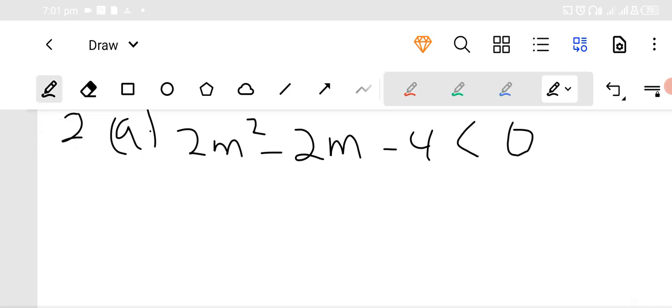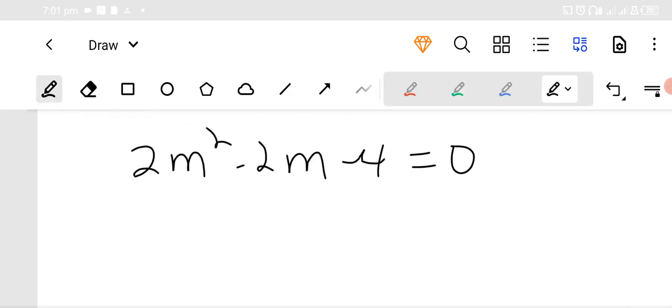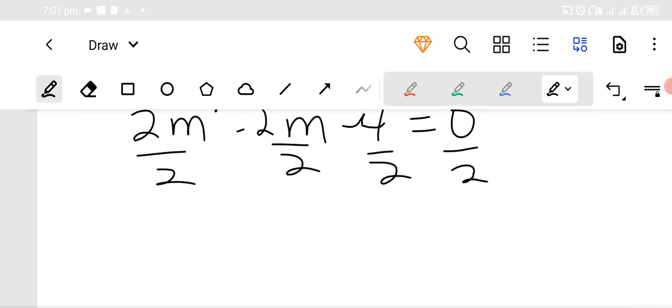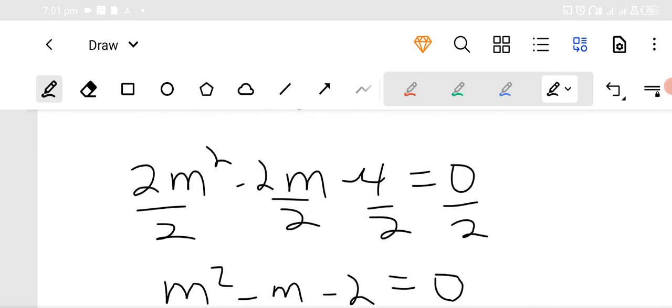We replace the inequality with an equal sign. 2m squared minus 2m minus 4 equal to 0. Divide throughout by 2 here. We are going to remain with m squared minus m minus 2 equal to 0. The constant is like that. And then here, going to have negative 2.